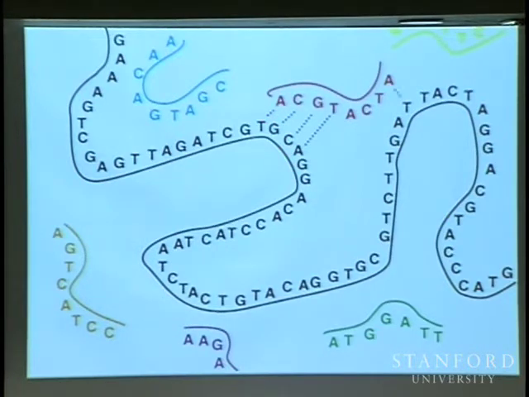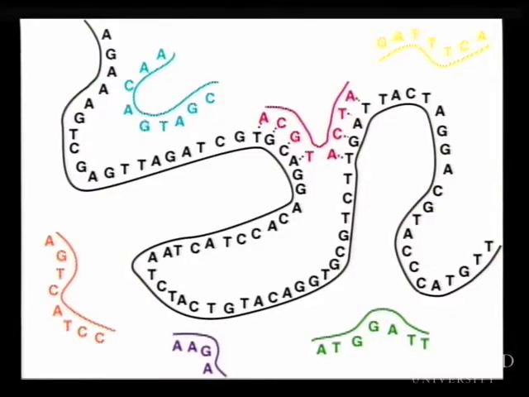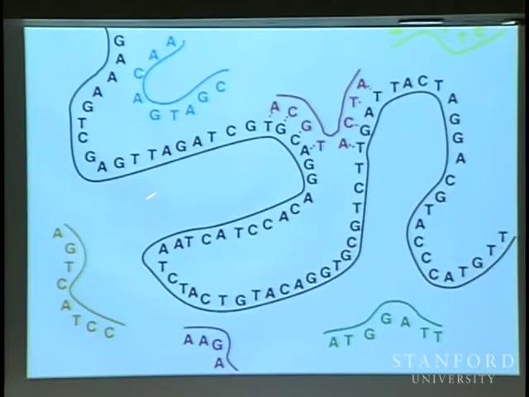The right half is designed by computer to bind a different distant location on this long strand. When they do that, it enforces a constraint between these two positions on the long strand. So the net action of 200 of these enforcing 200 of this kind of constraint folds this long strand into something that you want. That's the basic game.